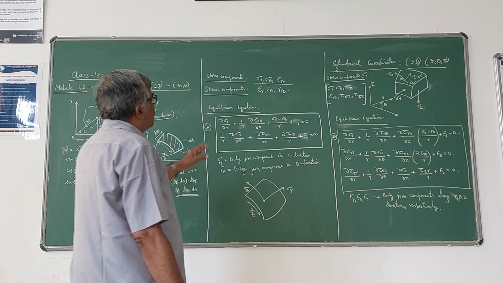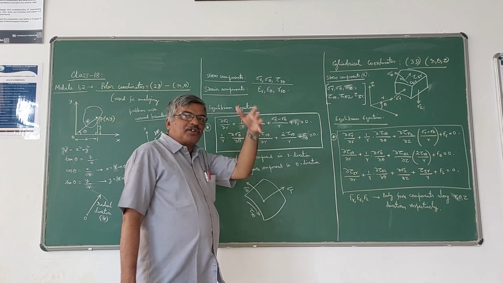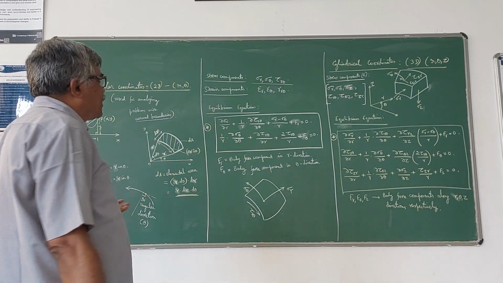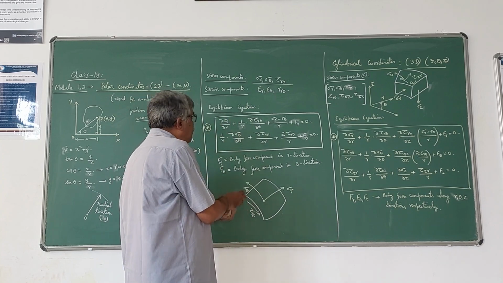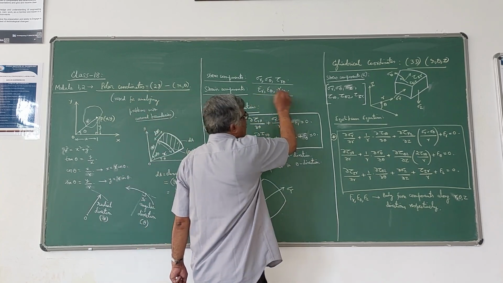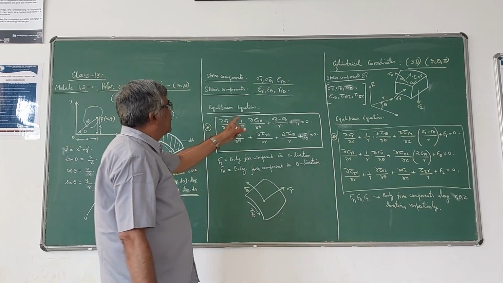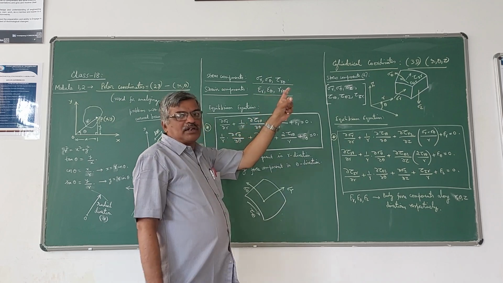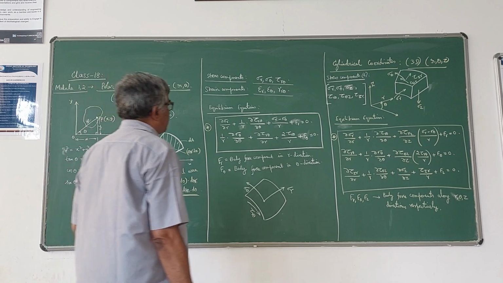Similar to these stress components, you have the corresponding strain components also. Just like epsilon x, epsilon y, gamma xy in the 2D Cartesian system, in the polar system you have epsilon r, epsilon theta, and gamma r theta. Epsilon r is the normal strain in the radial direction, epsilon theta is the normal strain in the theta direction, and gamma r theta is the shear strain.